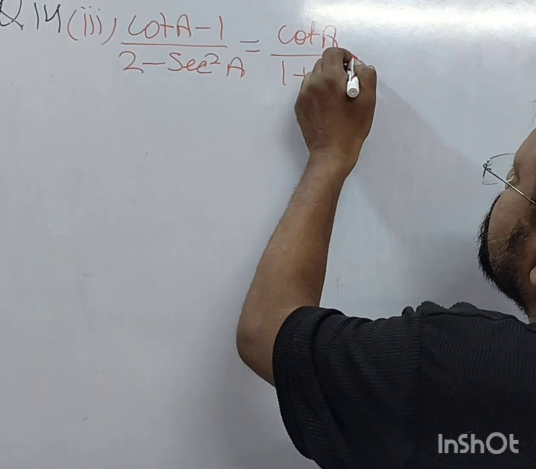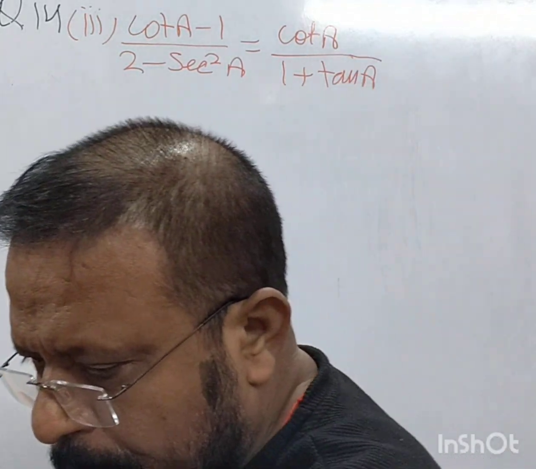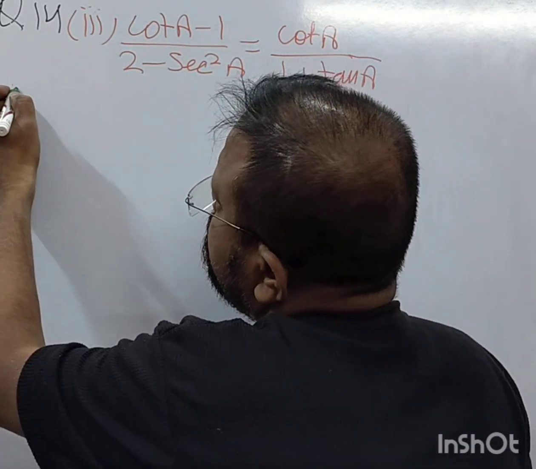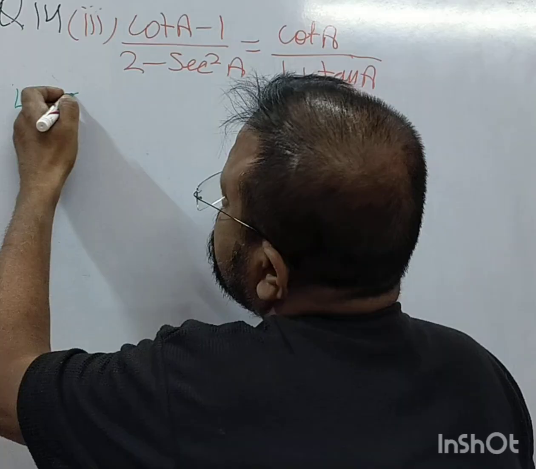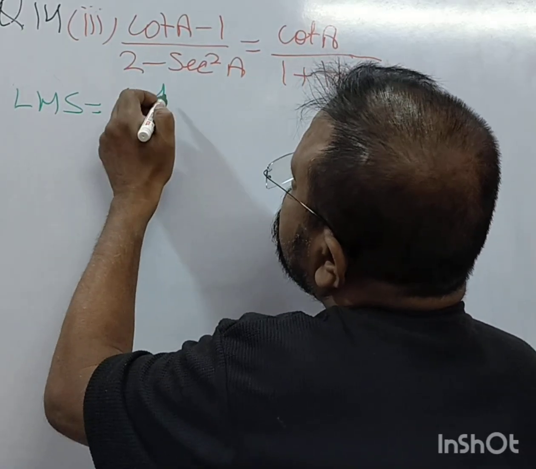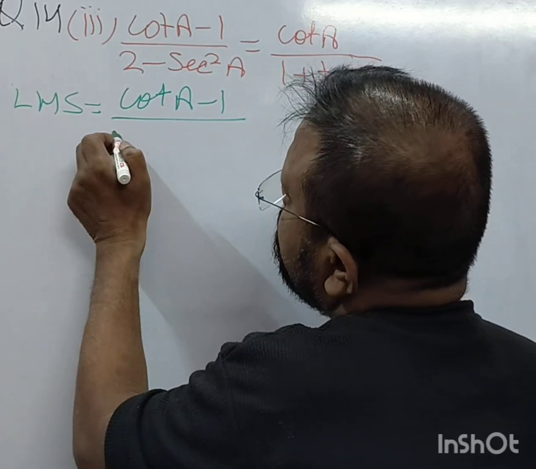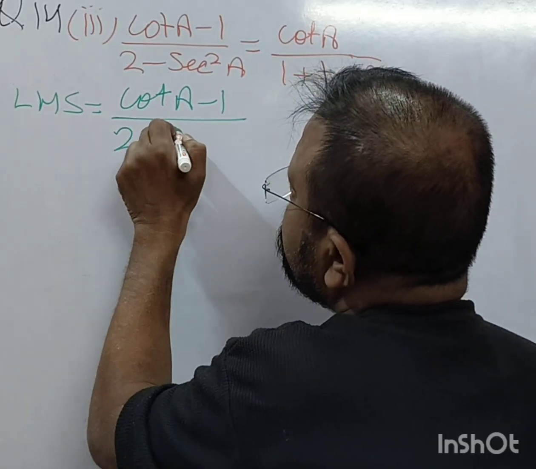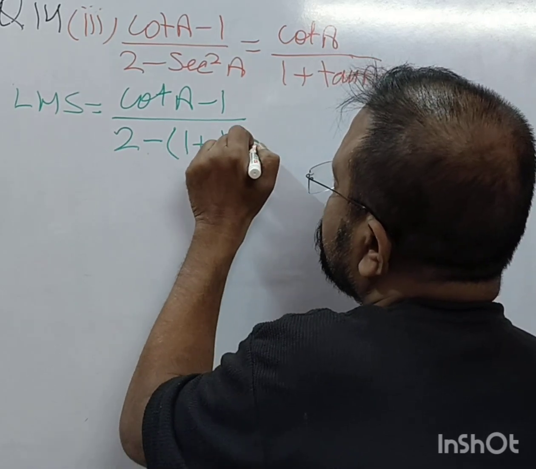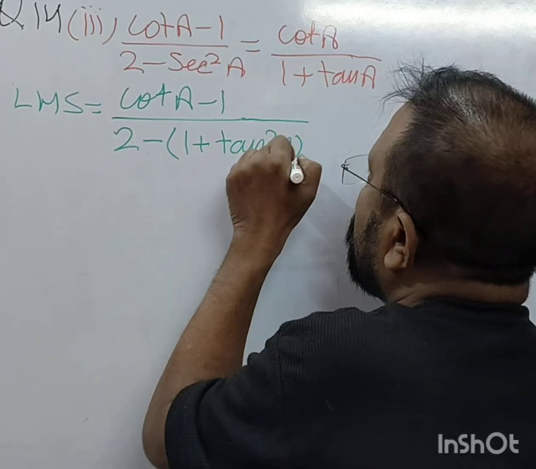We get this? Okay. So we'll take LHS is equal to cot A minus 1 upon 2 minus bracket 1 plus tan square A.